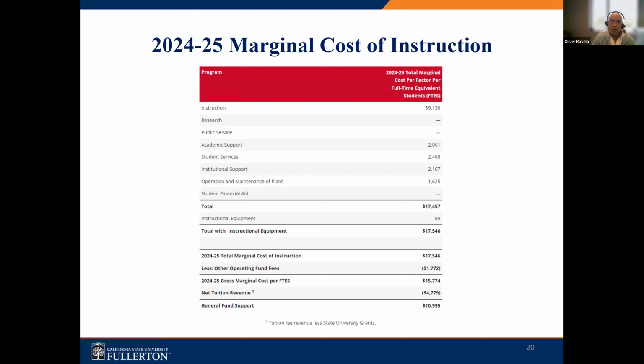It doesn't mean that the difference represents additional resources to the campus. It's balanced out by the adjustment to the allocation of general fund support. So if a campus is getting more in fees, they're getting a little bit less in general fund and vice versa. Those two sources interchangeably are the funding sources that are used to support operations.